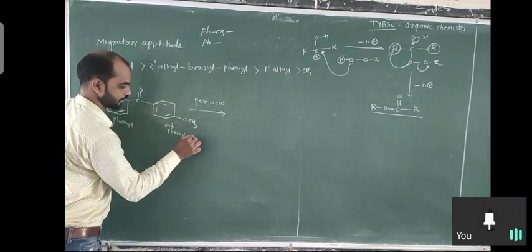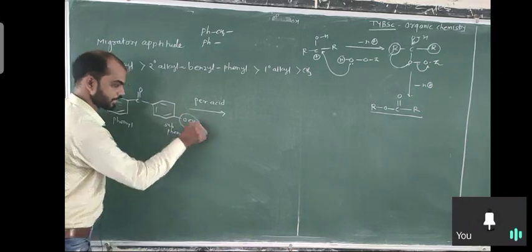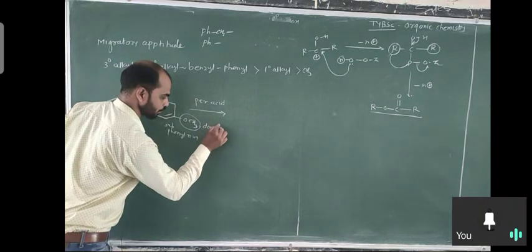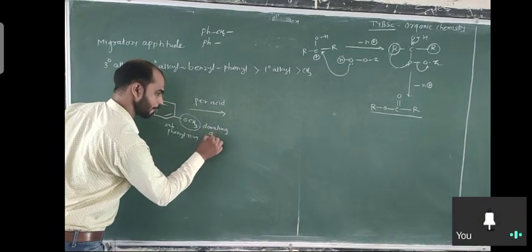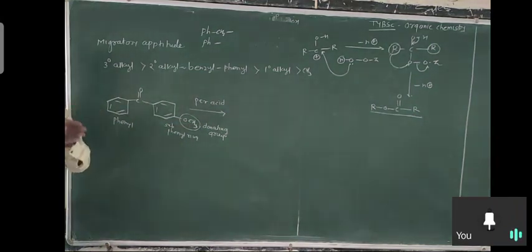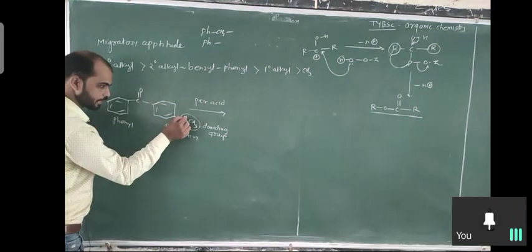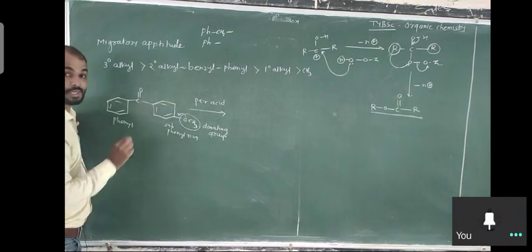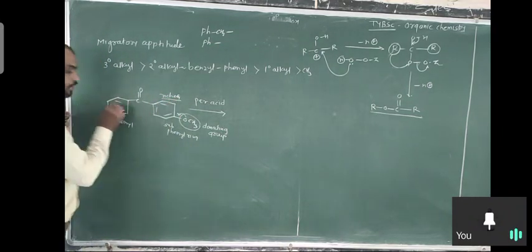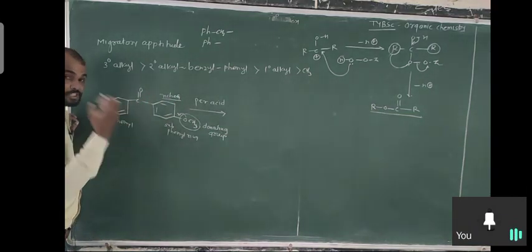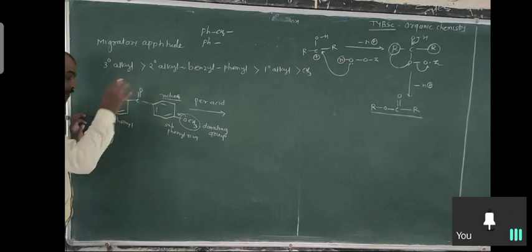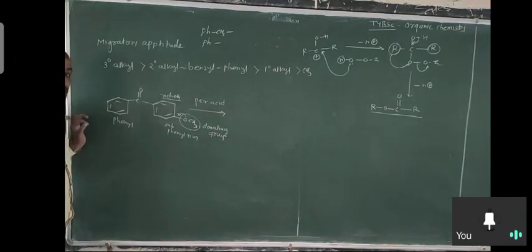Substituted phenyl ring, and the group present here is a donor group, a donating group. Due to this donation, the group donates electrons and the ring becomes richer. This ring is richer than this one. If it is richer, it has more migratory aptitude compared to the unsubstituted phenyl.